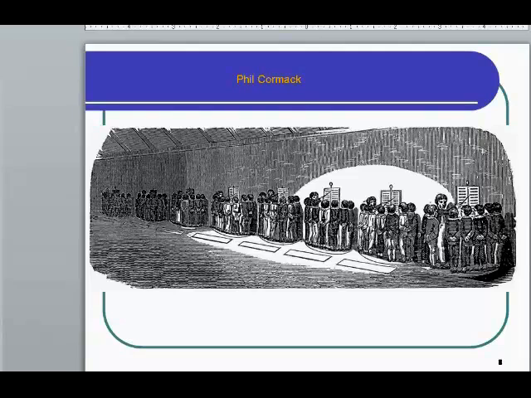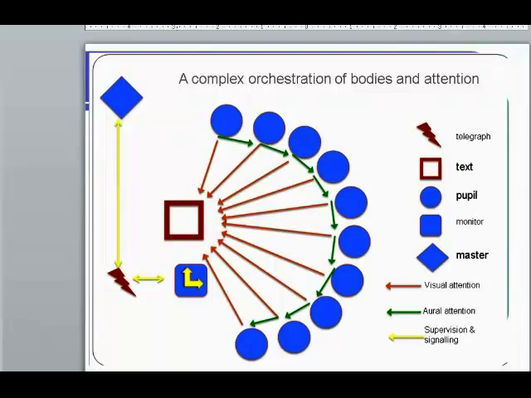I'll show you a better model here, right? The square thing here on the left is the text. Then we have the church audience, I think they call them the congregation, sitting around.